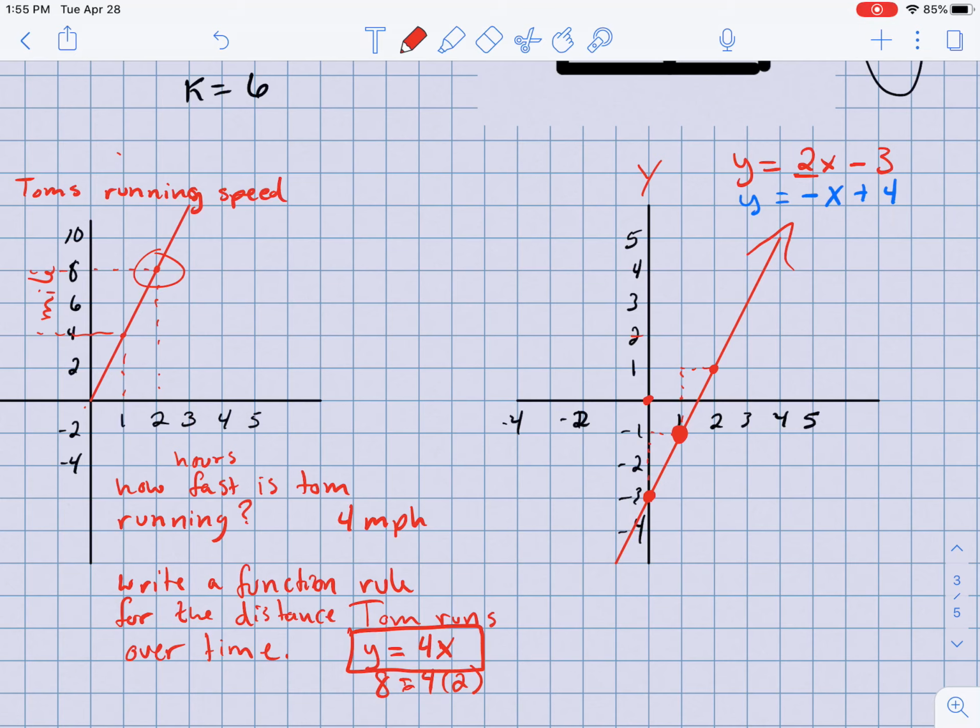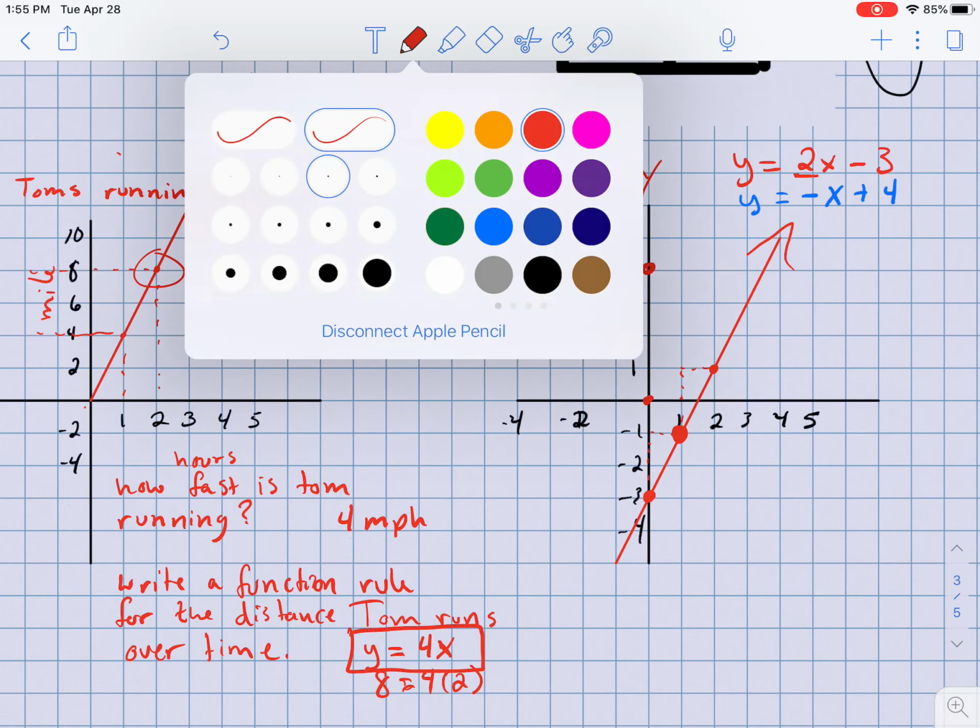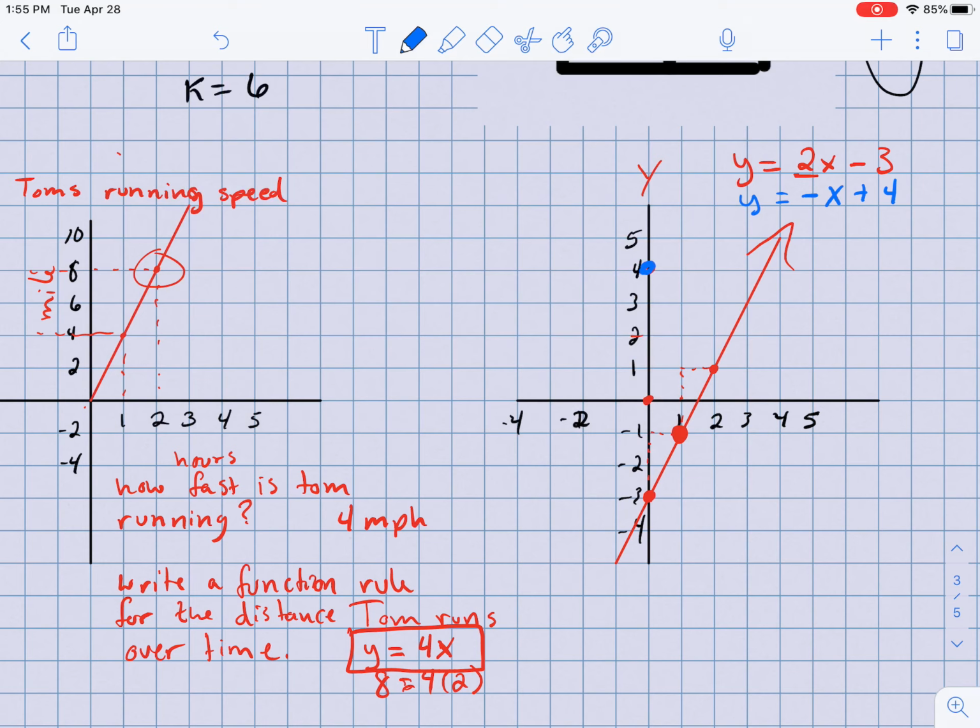This next one, now we have a negative x, so that means it's going to be going down. And now it's plus 4, so when x is 0, it's going to give us our y-intercept. Let me change to blue. It's going to pass through the y-axis at positive 4.